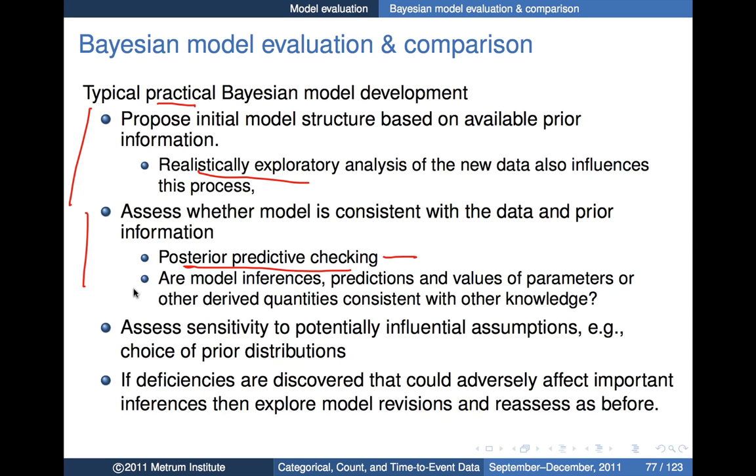The other side of this that we're not going to go through in detail but should also be part of the picture is to assess whether or not your model inferences, your predictions, and the values of your model parameters and any other derived quantities are consistent with other knowledge. In particular, this would be other knowledge like the prior information upon which you based your model and any additional evidence that you may have.